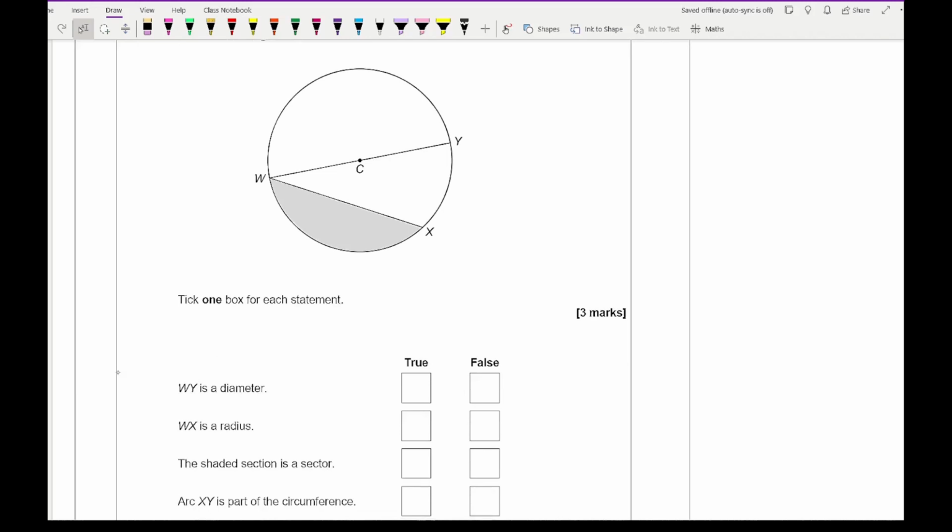Now it looks like the diameter where it is because obviously it goes through the centre, so that is true. WX is the radius, so WX is not the radius, so that is false. The shaded section is a sector, that is false because it is a segment. And the arc X and Y is part of the circumference, that is true.